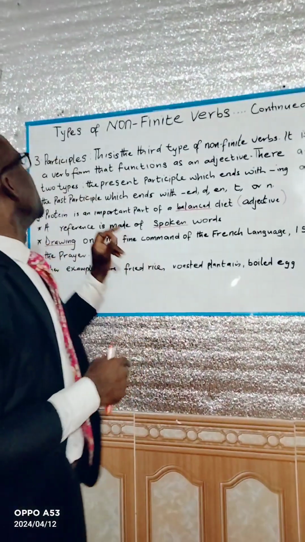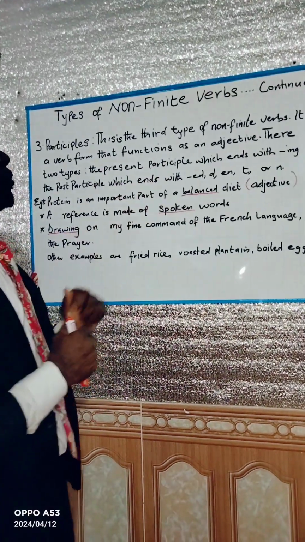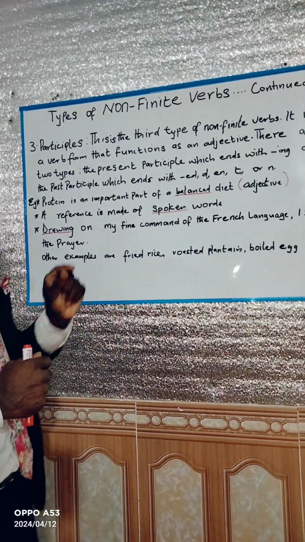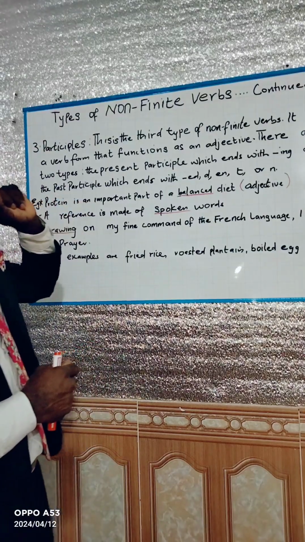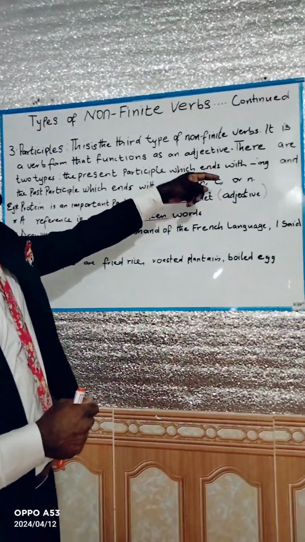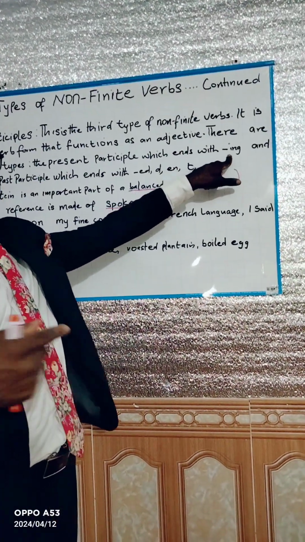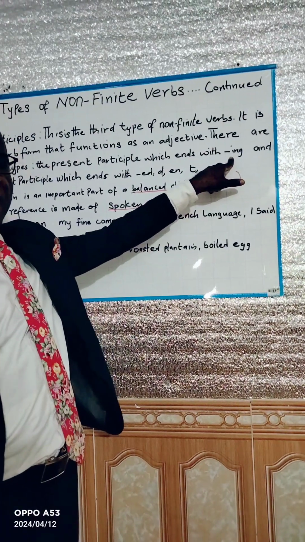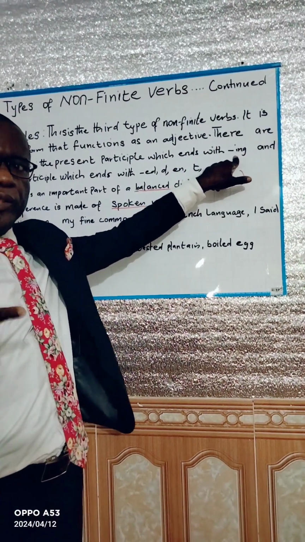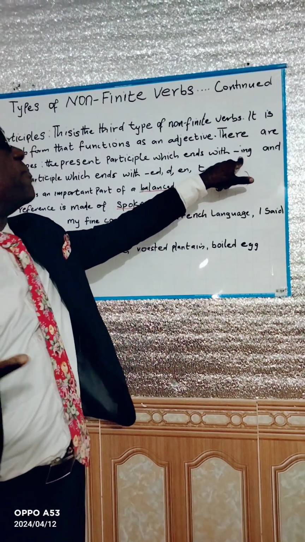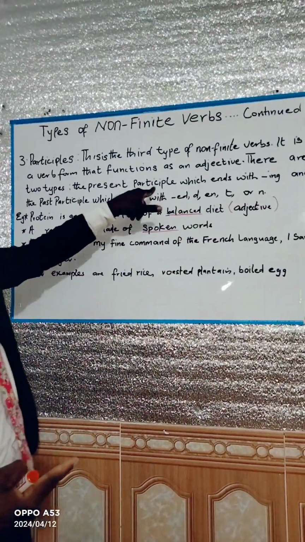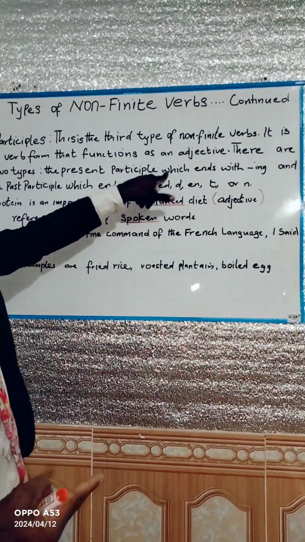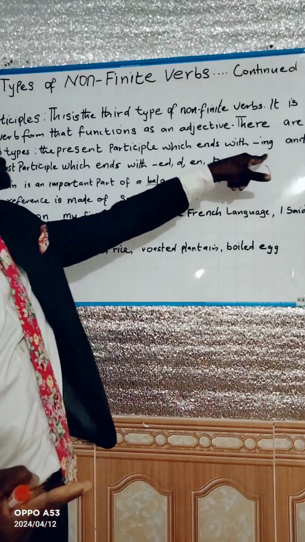We have the present participle. Now, the present participle, of course, ends with ing. We remember our present continuous tense. But here, the present participle non-finite verb ends with an ing.